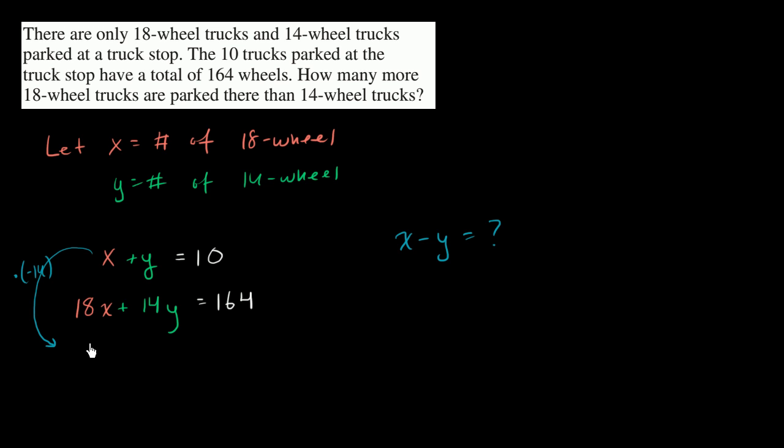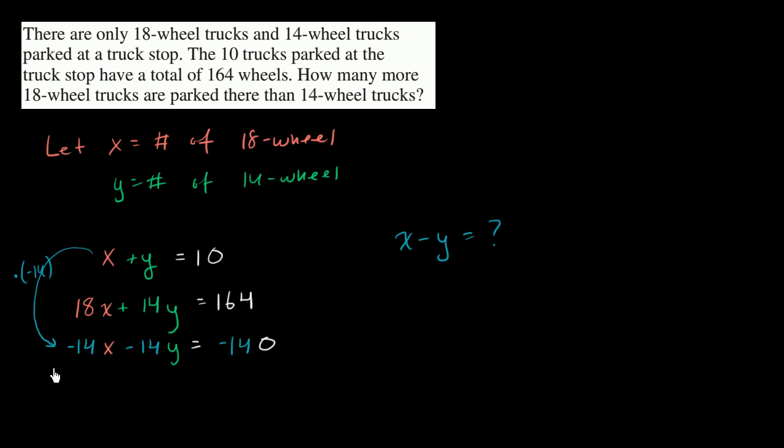And so then we get negative 14x minus 14y. The whole reason why I multiplied by negative 14 is so that the y's cancel out. Minus 14y is equal to, so negative 14 times 10, I'll just write that down. Well, that's just negative 140.